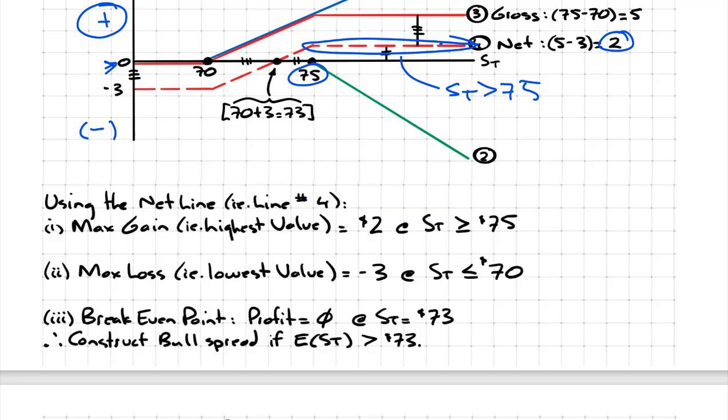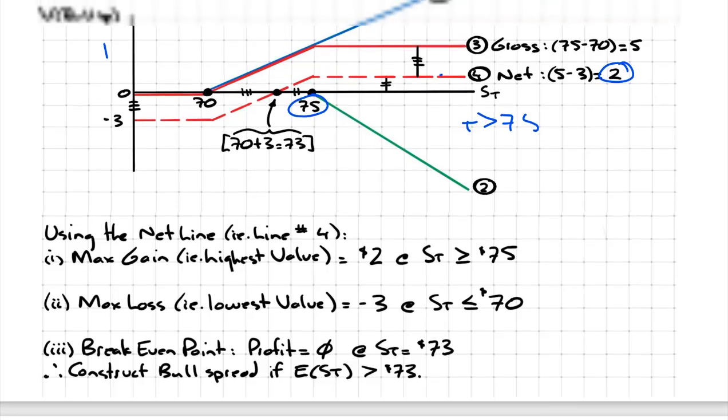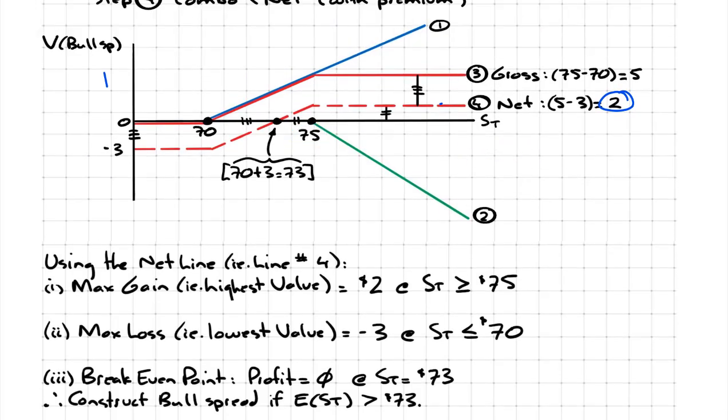So the next question is, what's the most I can lose? Again, this is all in our framework. Find me the lowest negative. Remember, this is 0, so these are gains, these are negatives. So if you're asking me for maximum loss, I'm looking for the lowest negative value that's possible. And you can see it's right there. It's -3.